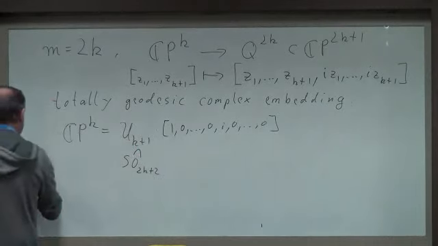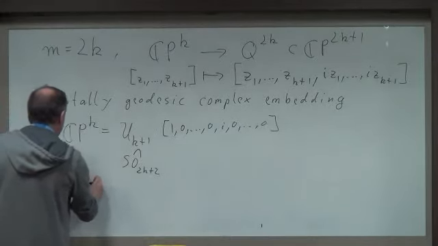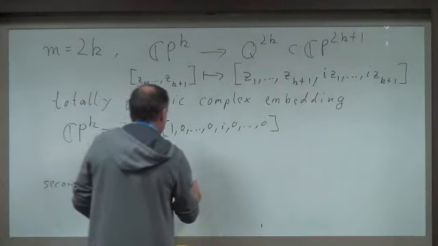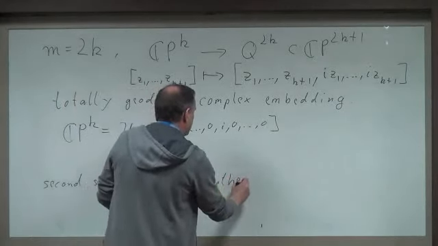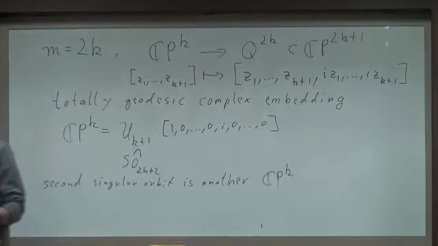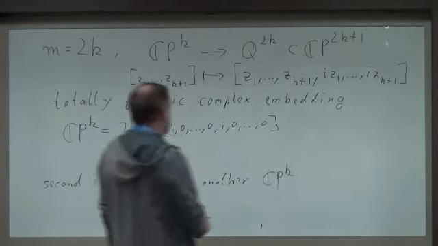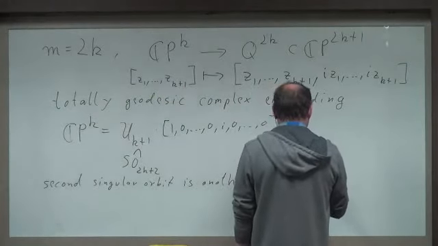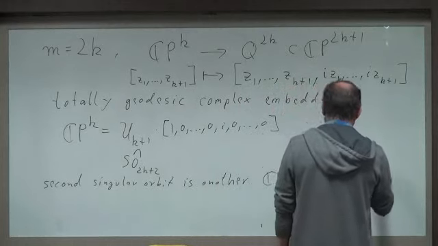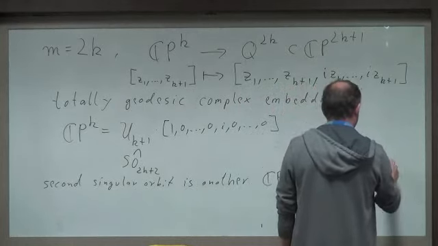One works out the second singular orbit. Second singular orbit is another CPk. So in fact we have two singular orbits, and both singular orbits are complex projective spaces of the same dimension, CPk. Yeah? So it's another CPk. So let me denote this by, let me call it CPk twiddle.